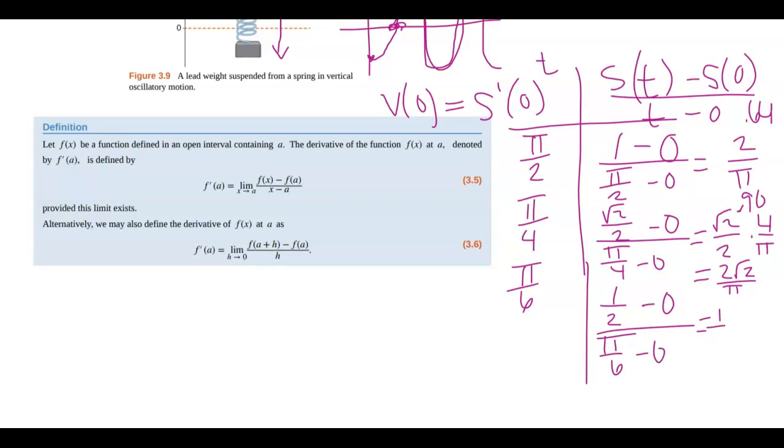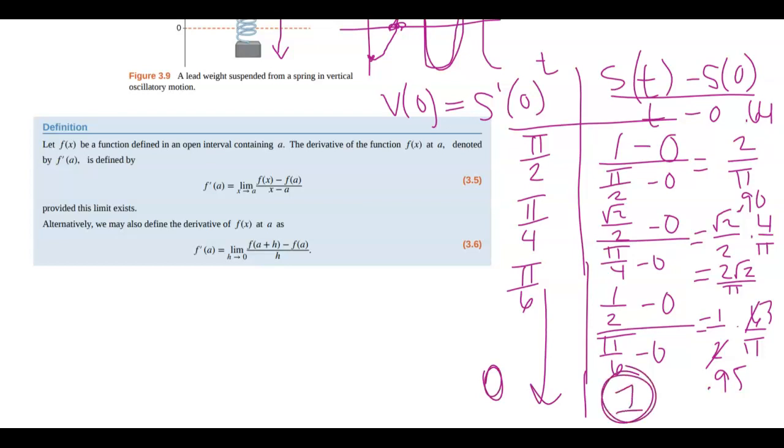So that's going to be 1/2 times 6 over pi, or 3 over pi, 0.95. And as we keep getting closer and closer to 0 here, as we slide that in, we're actually going to find that these numbers get really, really close to 1.